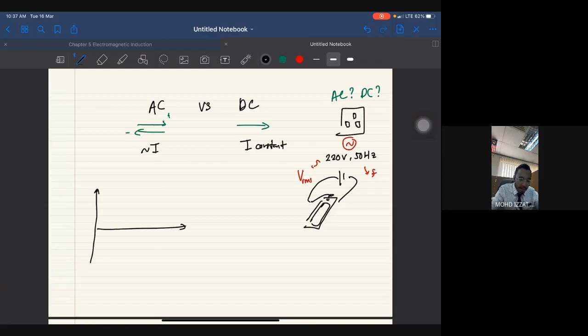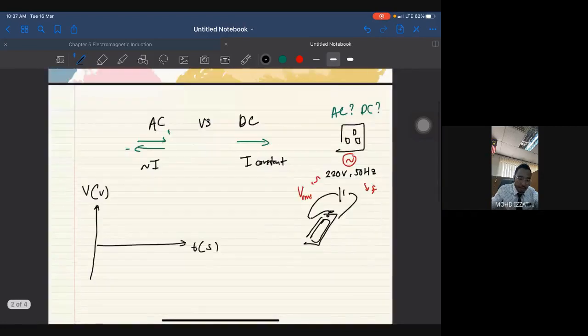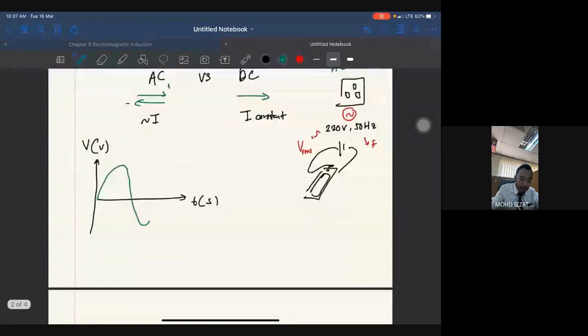Okay, if I label this graph as V, voltage, against time, I can try to draw my graph to look something like this. It's a sine graph. Let's say my V peak is over here. My V peak I represent as V naught. This one is negative V peak, which is V min.